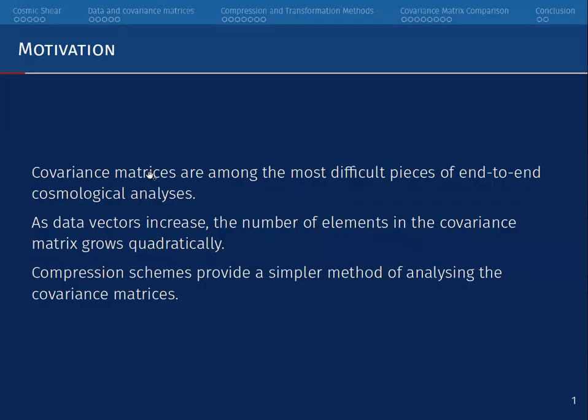So let me start by giving some motivation for the work I'll be presenting here. Covariance matrices are among the most difficult pieces of end-to-end cosmological analysis. We say that because they're very hard to obtain and very computationally expensive.